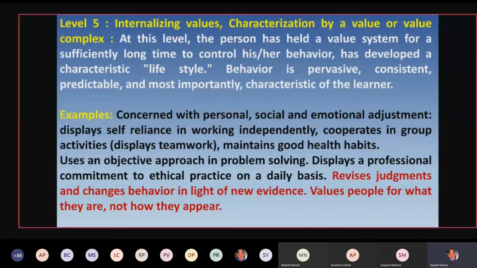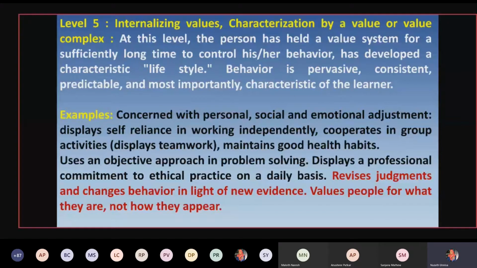Now moving up to the next level, which is characterizing, which is the final level, also known as characterization by value set. At this level, the learner has actually progressed to a level where he or she has internalized the concepts and is letting it change his or her behavior, or which will have an impact on the lifestyle of the student, we can say.